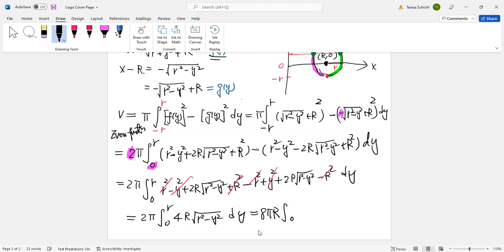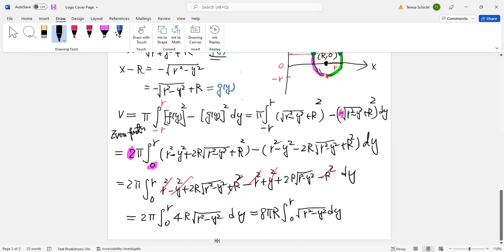So this is the integral from 0 to r of r squared minus y squared dy.